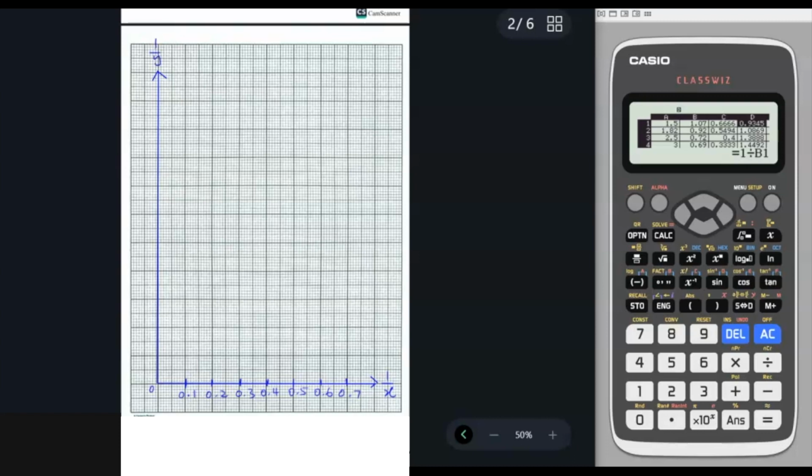For the 1 over y-axis, the scale is 2 cm to 0.2 units, which means that every indicator is 0.2, 0.4, 0.6, and so on.